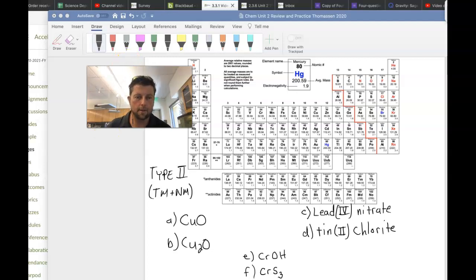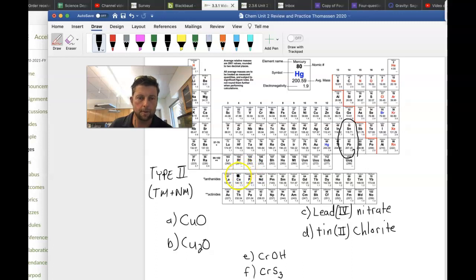All right, now we're ready for type 2 naming, and these always involve either a transition metal or a metal that can take multiple charges. There are two metals that are not transition metals that I'd like you to know can take multiple charges. These poor metals, tin and lead, they're actually called poor metals, can take either a +2 or a +4 charge.